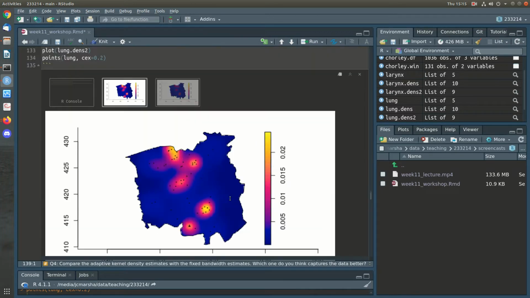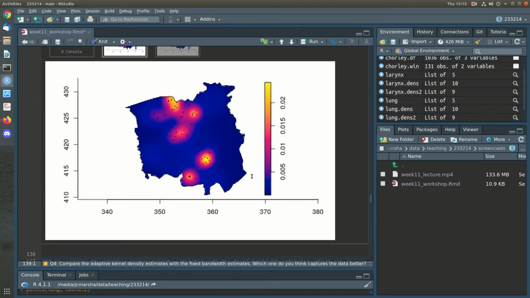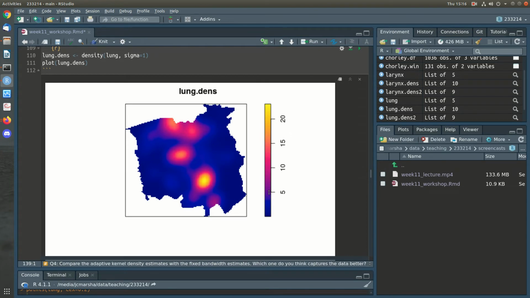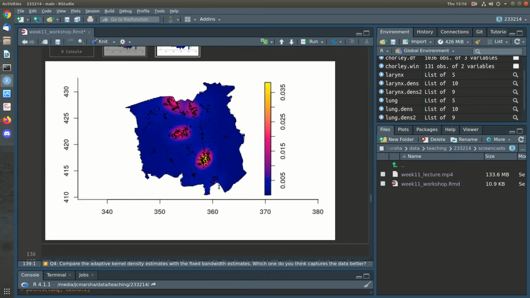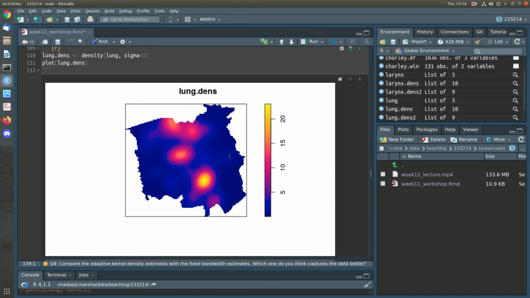So we can also compare with our fixed estimates up here. If we look at the lung cancer data, you can see that it's not smoothing as much where the towns are, and it's smoothing more in the countryside. And the same with the larynx data.